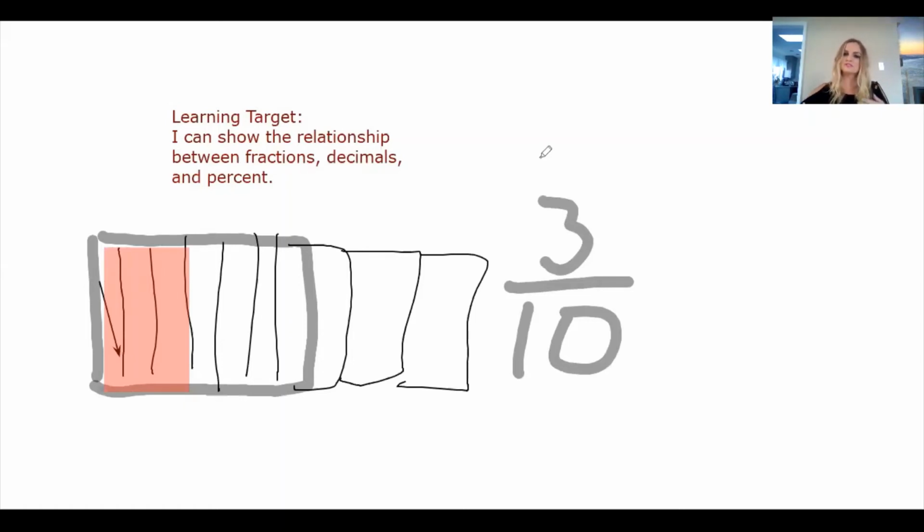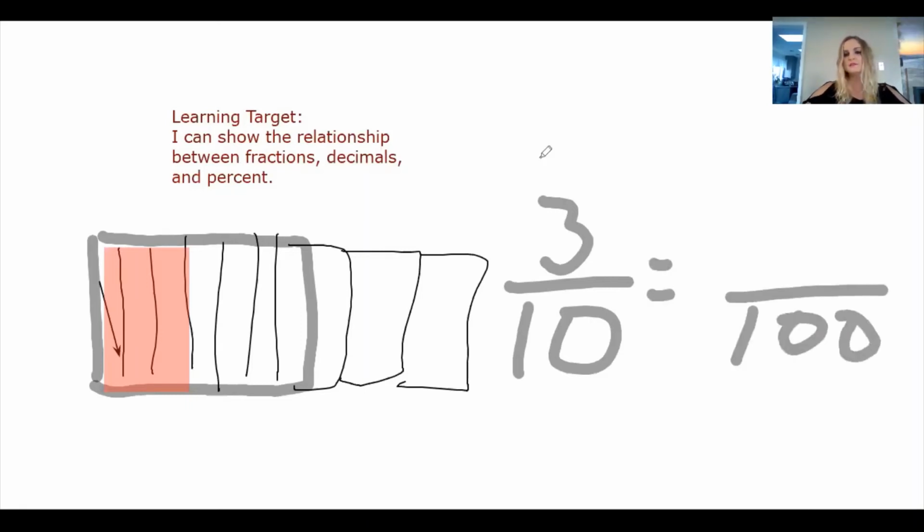Now we want to turn this 3/10 into a decimal. So how do we do that? Well, very simple. We know that this can be out of 100. If my denominator is 100, what did I multiply to get 100? Well, I multiply by 10.